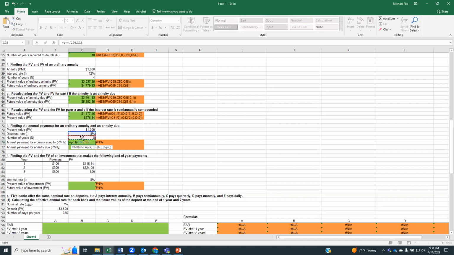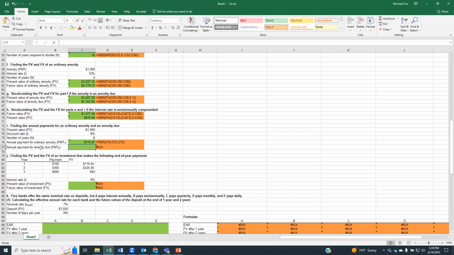This one is 8 for 8 years. And then our present value. And that's it. So if we have an annuity of $1,000, it will pay us $174.01 a year for the next 8 years.